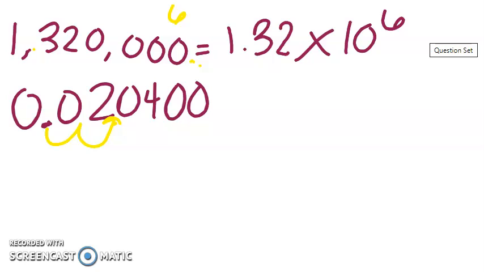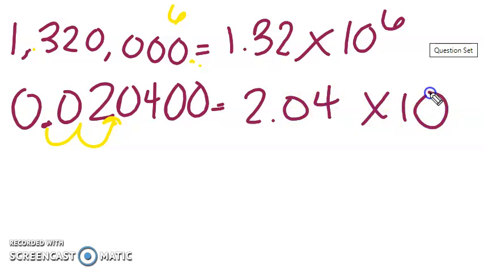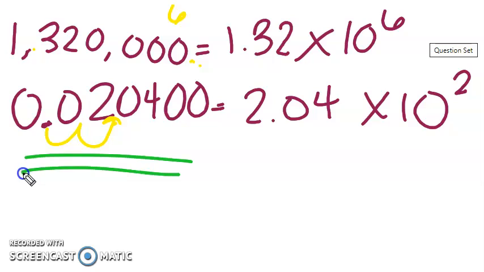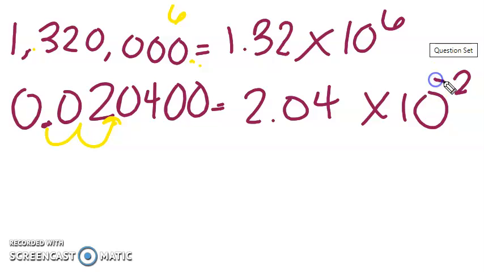Okay, so our answer is going to be 2.04 times 10 to the, now we moved it twice, so 2. Now the difference here is if you look at the number as it was written in standard notation, it appears to be a really, really little number compared to how it's written now. So since it was that really, really little number, that's going to mean it's going to be our negative exponent.